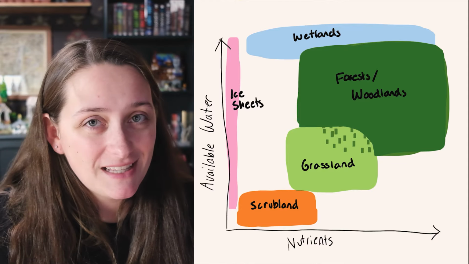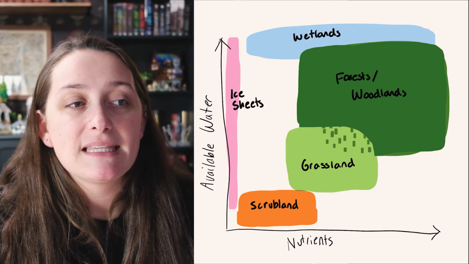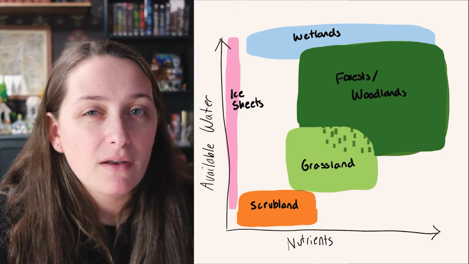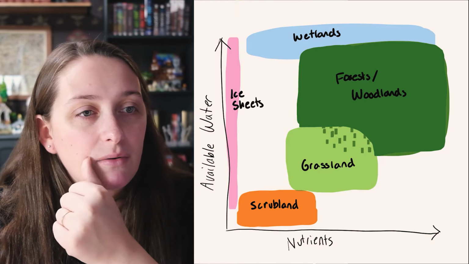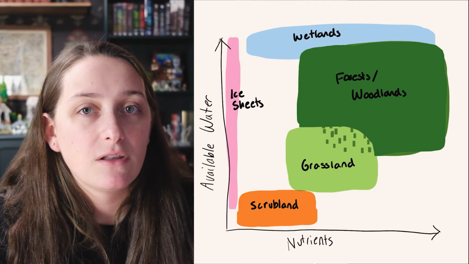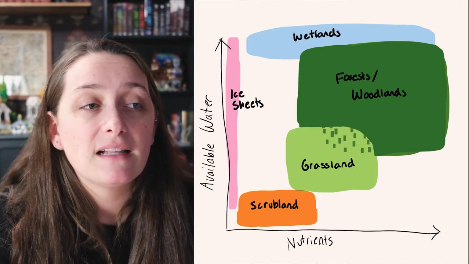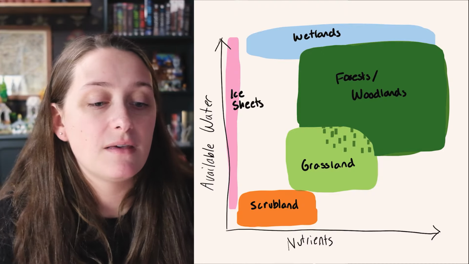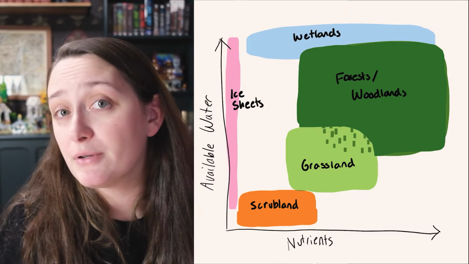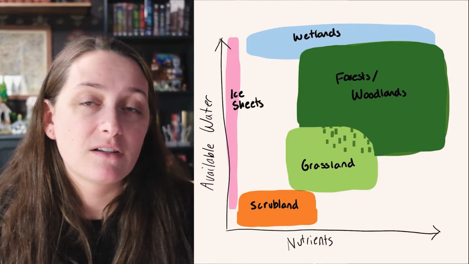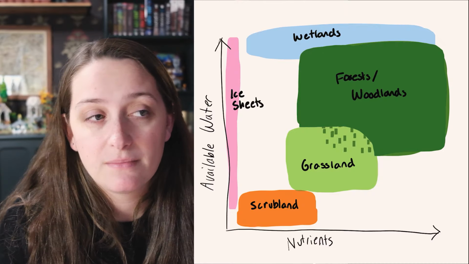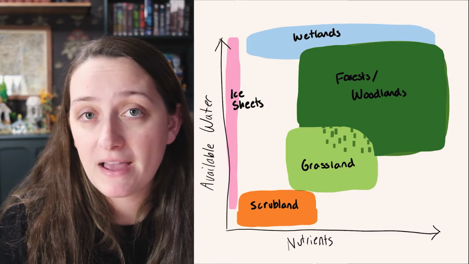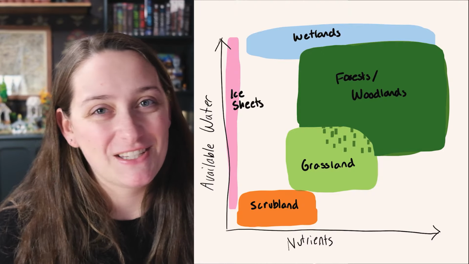And one quick disclaimer going forward is that a lot of biomes and vegetation can be found in a surprisingly broad range of environments, but there will be a more limited range that covers a large percentage. A lot of these biomes have ranges that they can be in, right? So you may find them in a relatively large range of, say, temperature, but on one end of the spectrum versus the other, they're going to be very different. But we're still going to be using these more general classifications of biomes because we have to start somewhere, right?